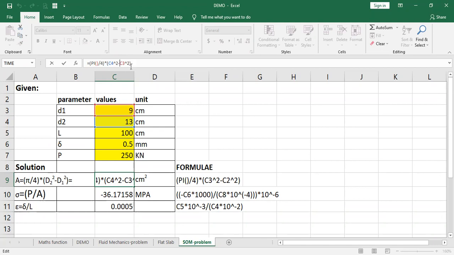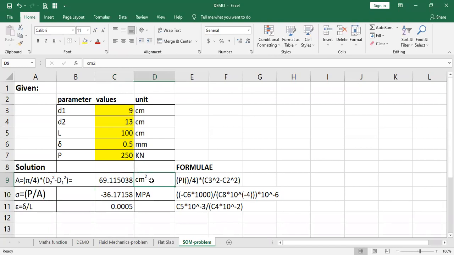According to the rules, it should first solve the bracket, then go for the multiplication, and then the division and all those things. So it should follow the rules of precedence. Likewise, you can give the brackets wherever required, and then click on enter.